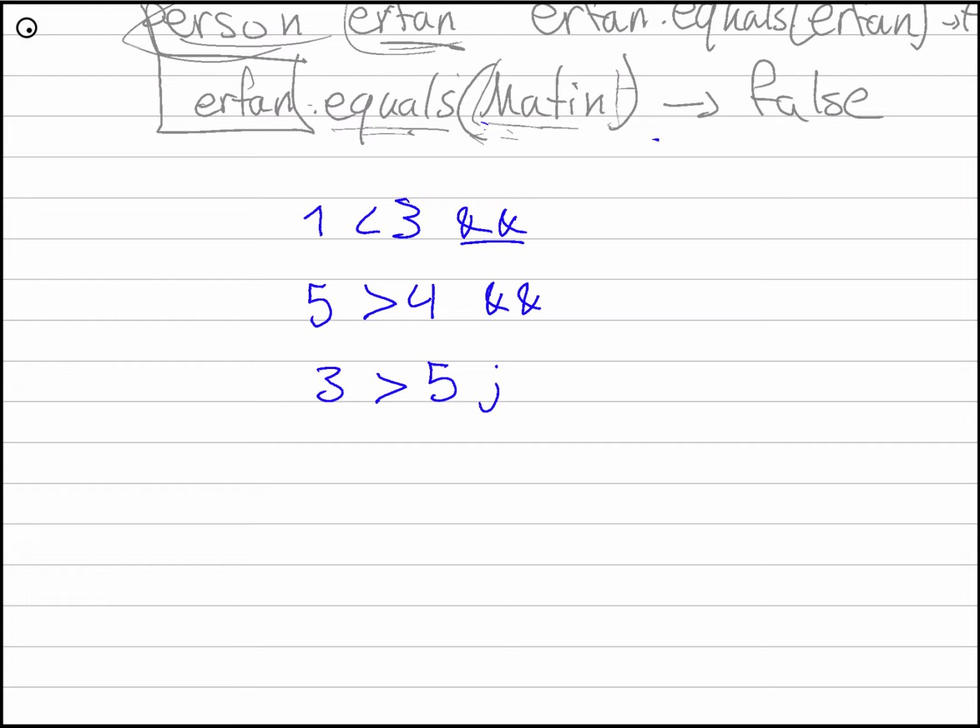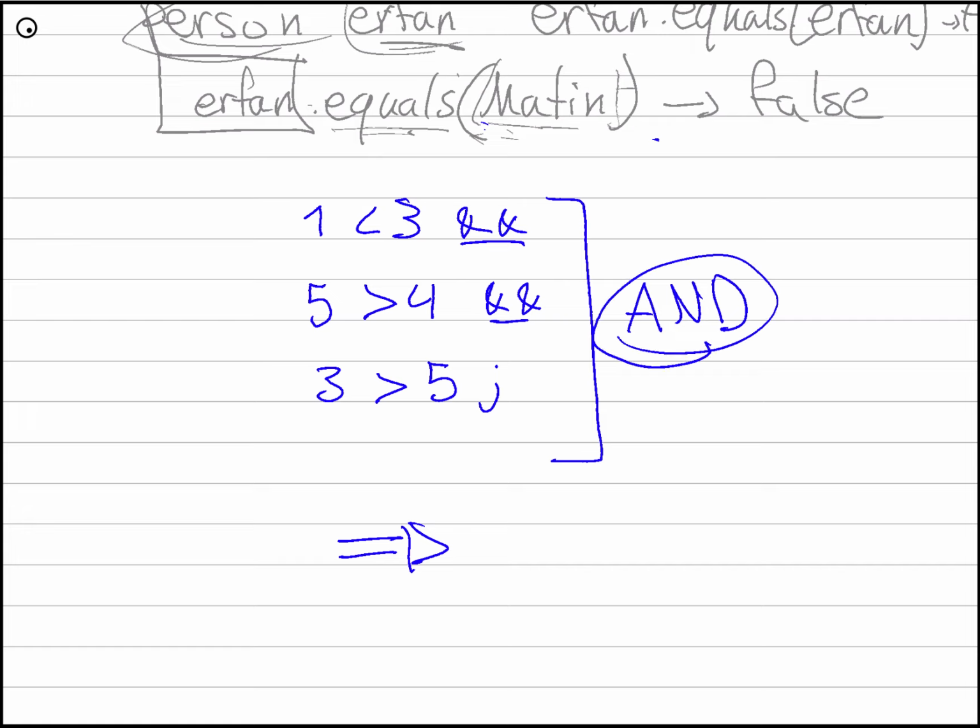If I have this AND, these are all AND, what would this return at the end? Would it be true or false? There are two truths and one false. So with AND, everything has to be true. So this is true, this is true, and as soon as it gets to this one and it's false, it will return false.